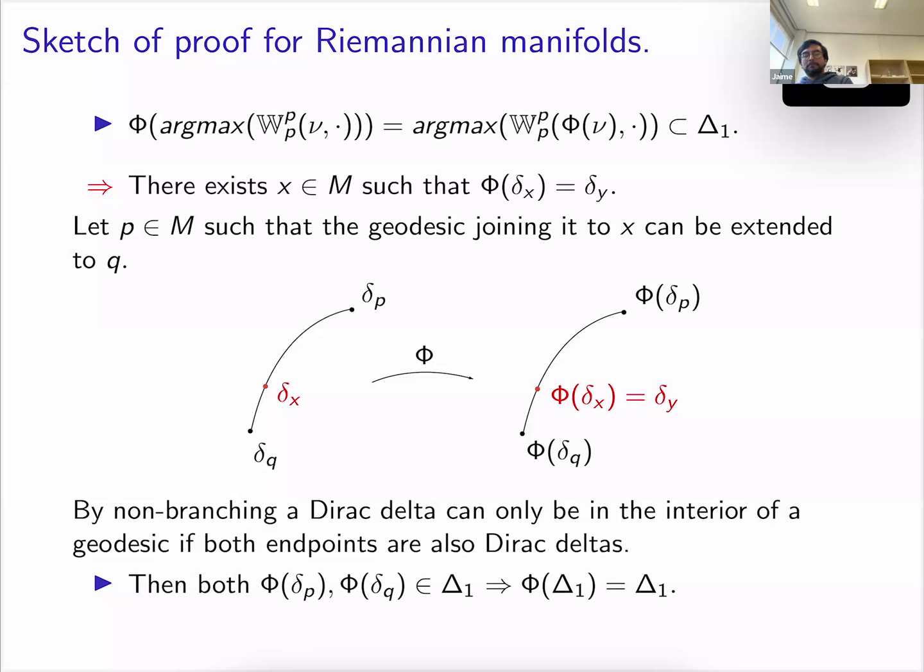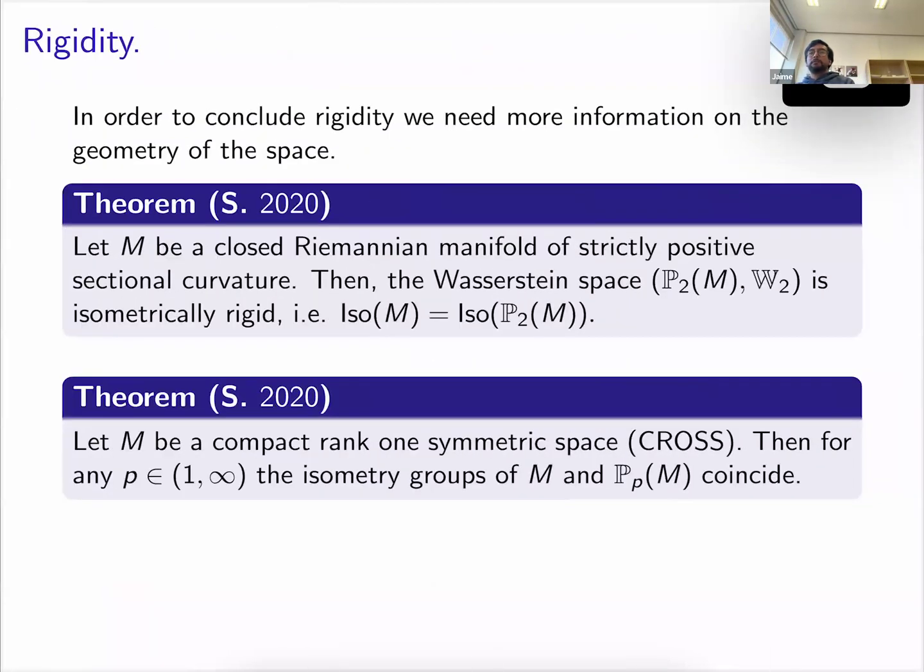Okay, so this theorem just tells you that you fix Dirac deltas, but this may not be enough. So for the rigidity, we needed to rely on more information on the geometry of the space. And there are two results.